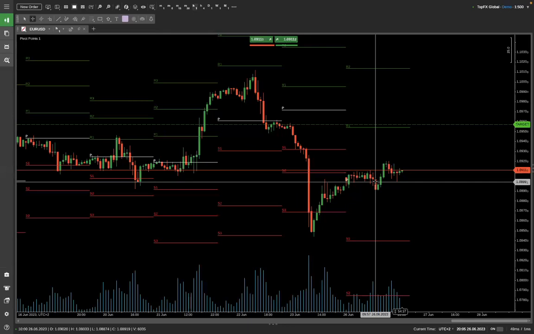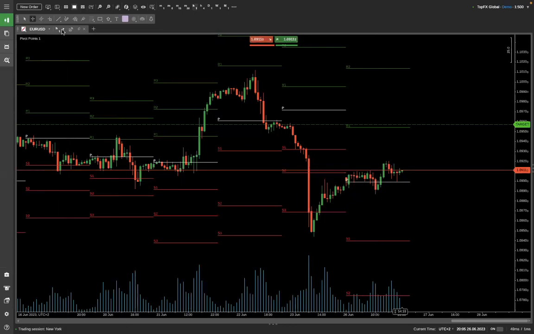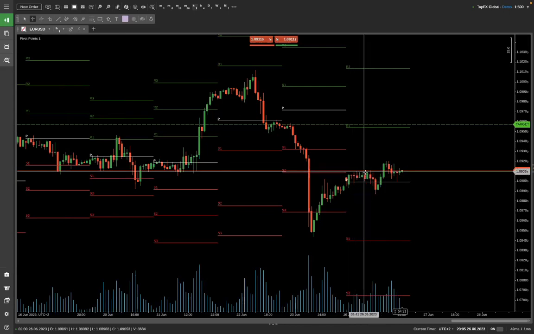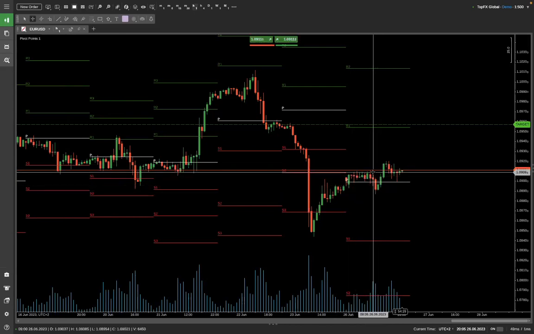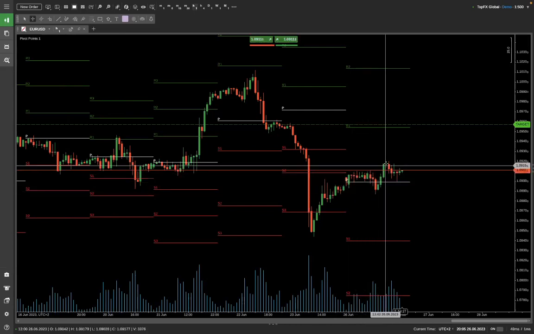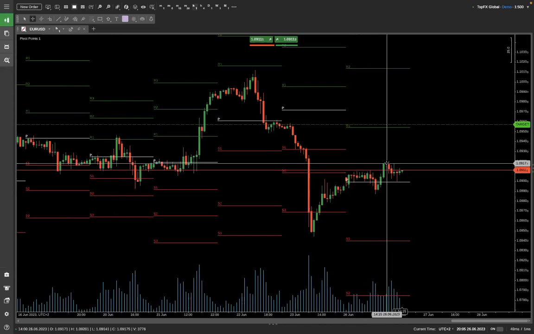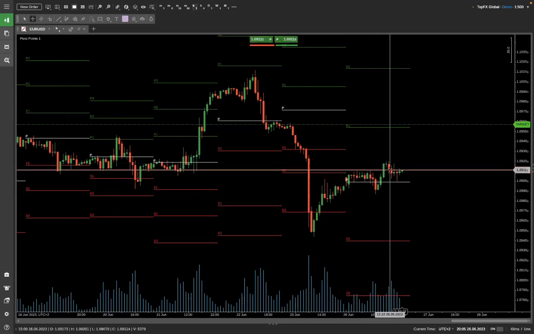As you can see on the euro dollar hourly time frame chart, right now the sentiment is varying from slightly negative to slightly positive, but nothing really interesting is going on right now on the market.